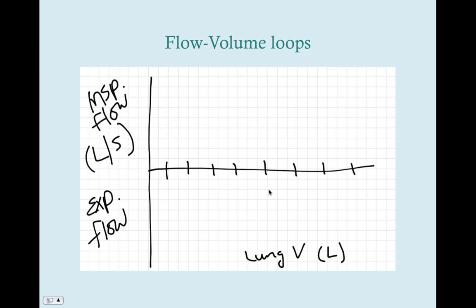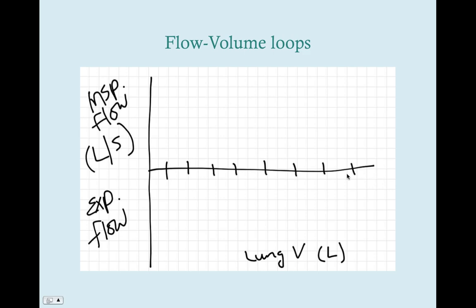On the x-axis, we're looking at lung volume, like 1 liter, 2 liters, 3, 4, 5, 6 liters. So the lung is becoming more inflated to the right, more deflated to the left. And this is inspiratory flow because you've got a positive flow in and then a negative flow out. So this is a rate on the y-axis, whereas you've got a volume on the x-axis.